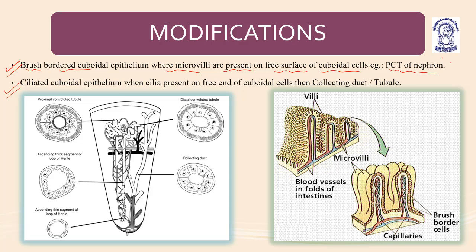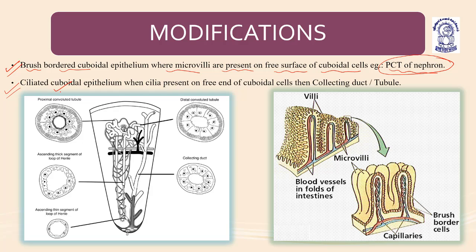PCT of nephron, very important. The proximal convoluted tubule of nephron has a modification of the simple cuboidal epithelium, in which there is brush border epithelium. Brush border epithelium is a modification of simple cuboidal epithelium.